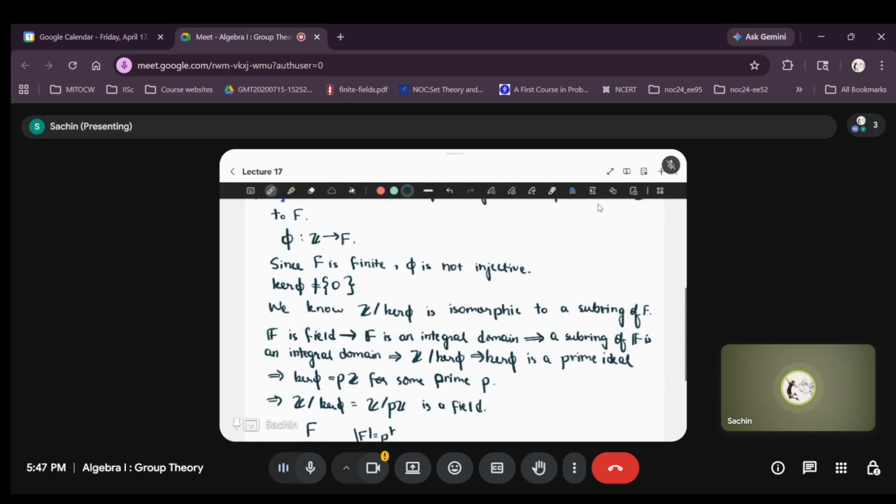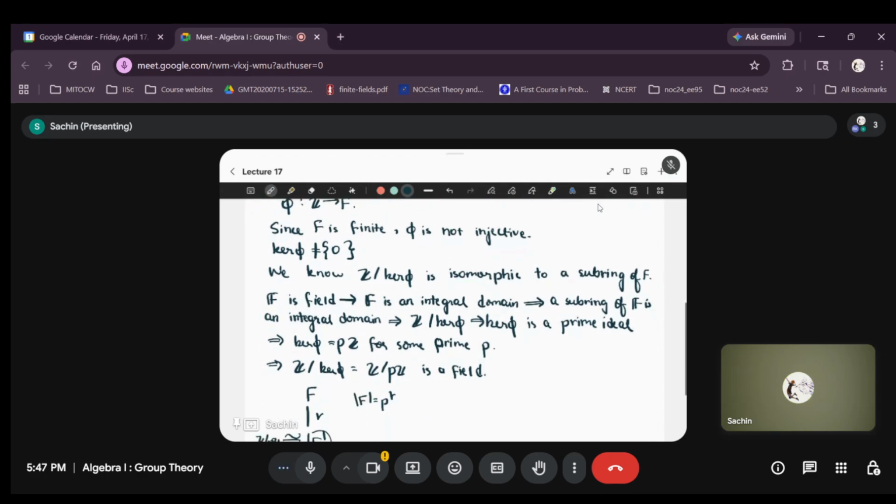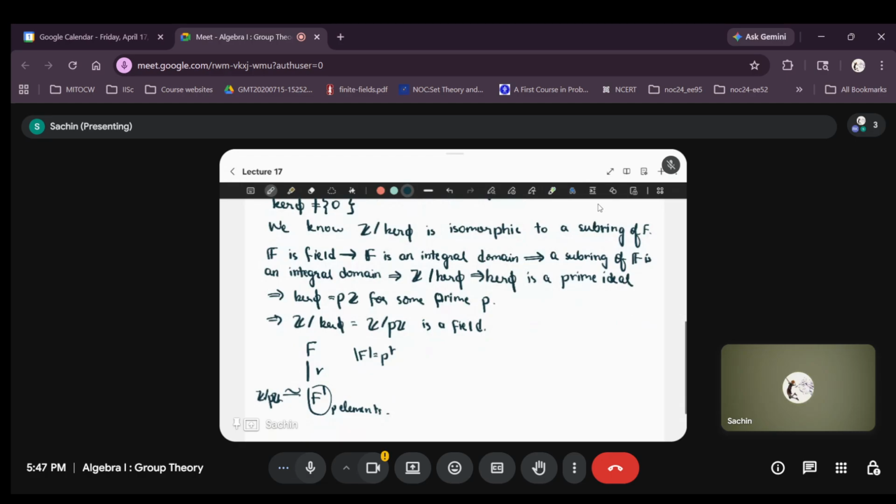So yeah, here many notions I have not explained. First is why is Z mod kernel phi isomorphic to a subring of F? That I have not really proven. I showed it to you in kind of a vague example, but I did not prove it. Then I did not define a prime ideal. I also have not told you why, if Z mod kernel P is an integral domain, then kernel phi must be a prime ideal.